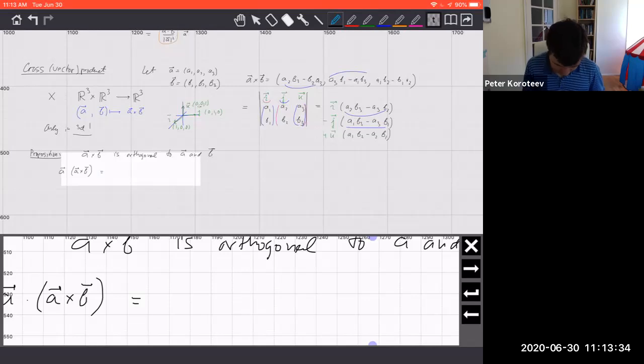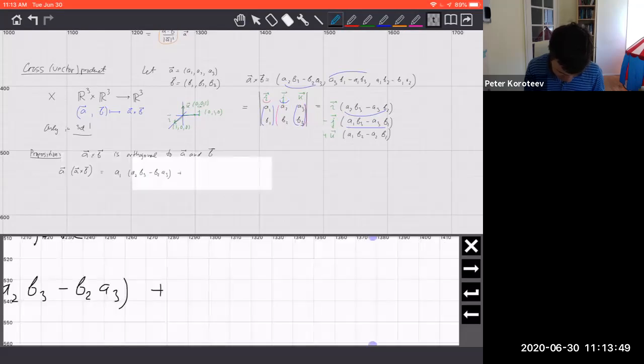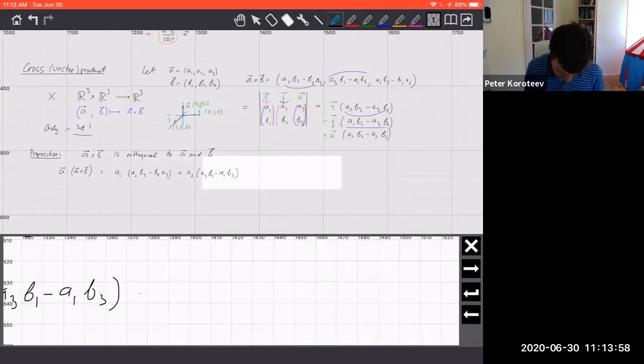A has components, so it's A1 times the first component, which is A2B3 minus B2A3, plus A2 times A3B1 minus A1B3, plus A3 times A1B2 minus B1A2.